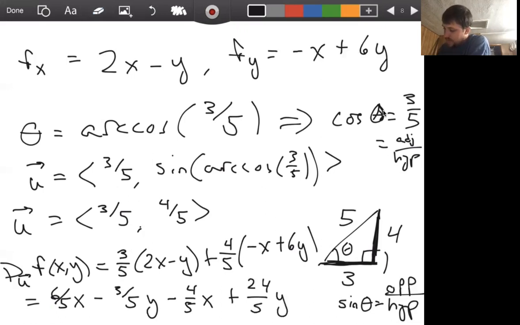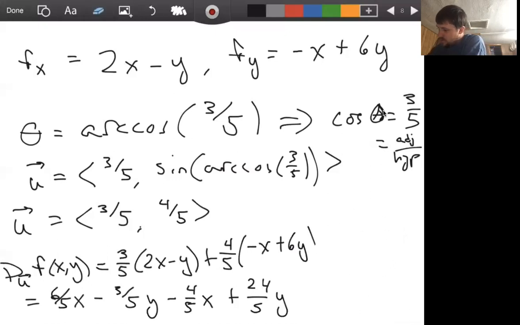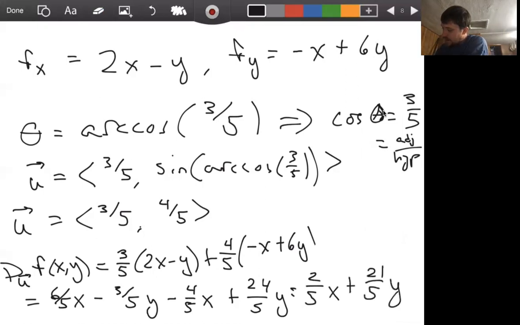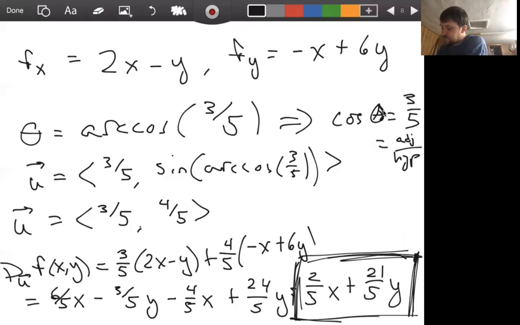Looks like we're going to get 2/5 x plus 21/5 y. And so this is our directional derivative of the function in the direction of u.